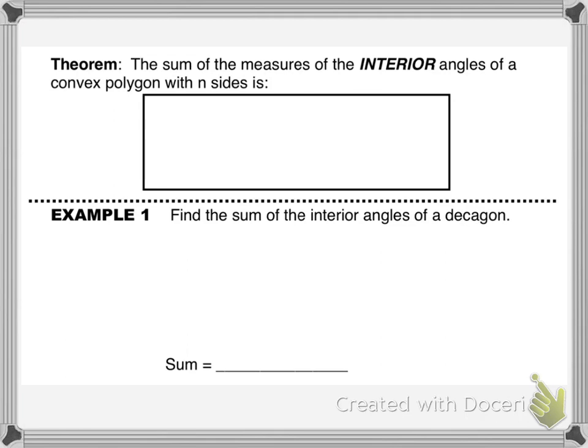All right, there are 2 rules we're going to learn, 2 formulas. Here's the first one. It says the sum of the measures of the interior angles of a convex polygon with n sides is 180 times n minus 2. So the first formula helps you find the sum of the interior angles.